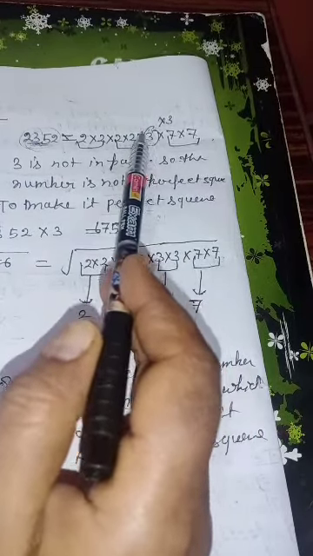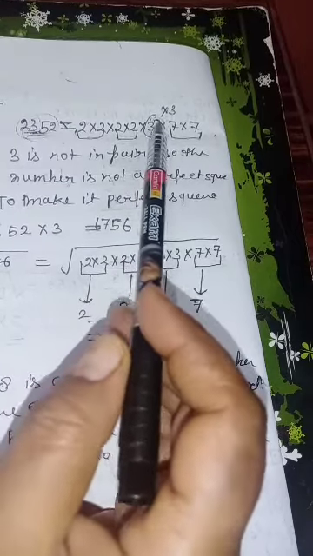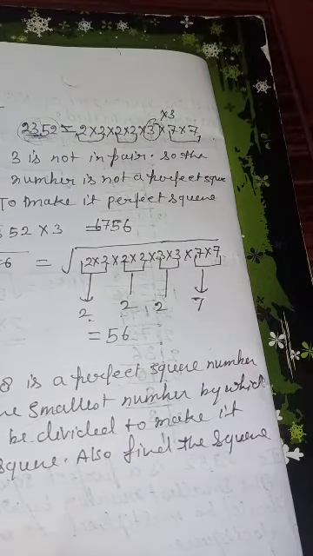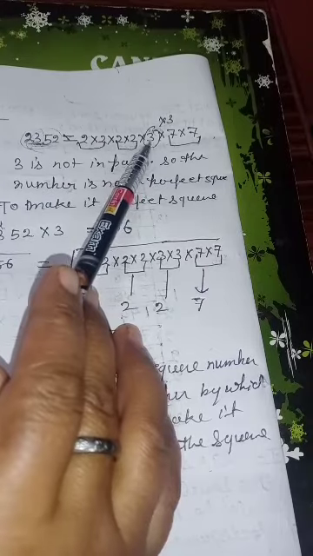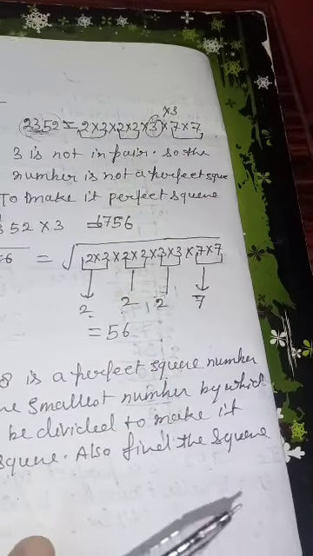So in these kinds of questions, the number which remains alone in the factors, by that number we divide the given number, and in this way this number will be removed from its prime factorization. Okay, and then we can find its square root.